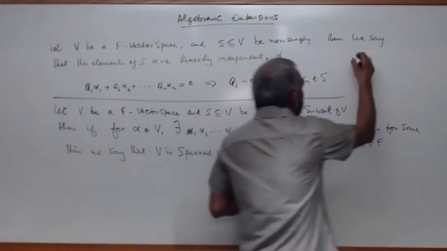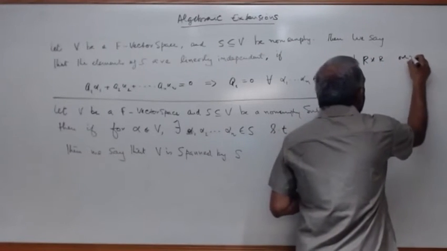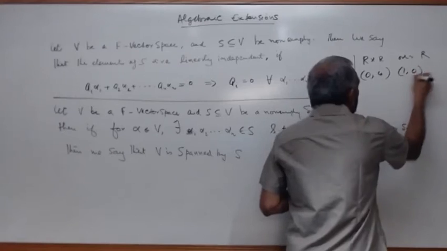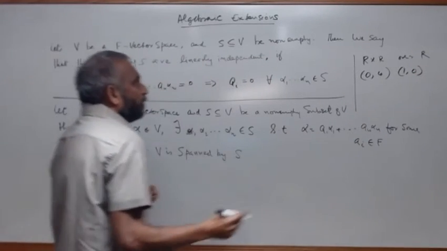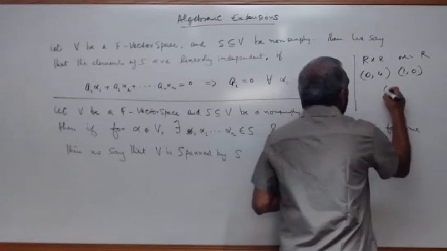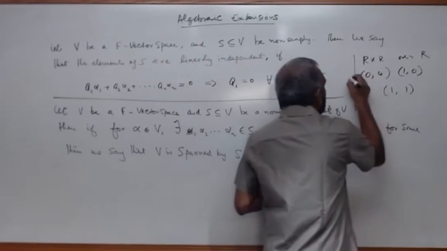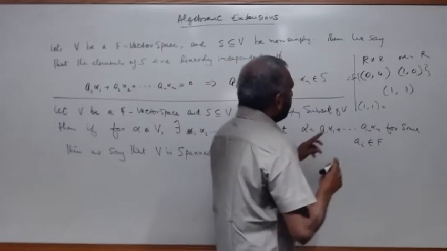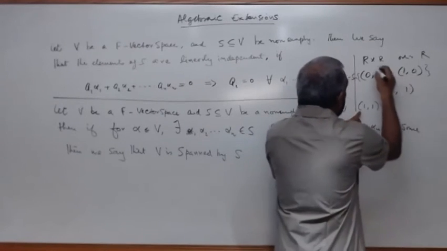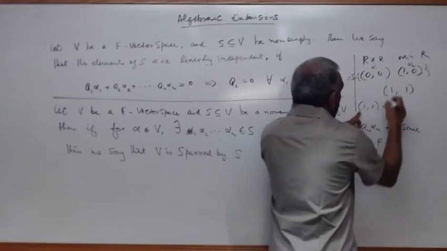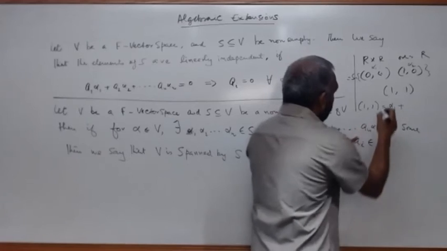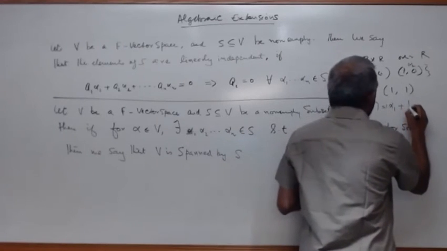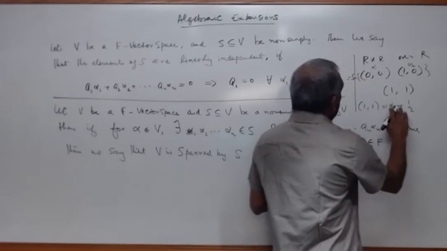For example, here R cross R over R, if you take 0, 1 and 1, 0, and if you take any element from here, for example, let's take 1, 1, and this is our S. So 1, 1 can be written as, this is our alpha 1 and this is our alpha 2, 1 time alpha 1 plus 1 time alpha 2.